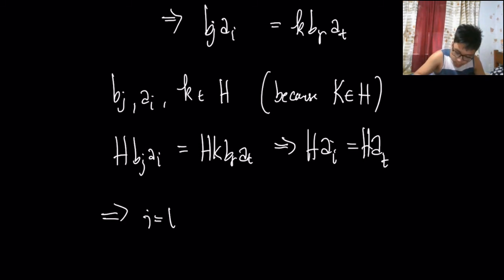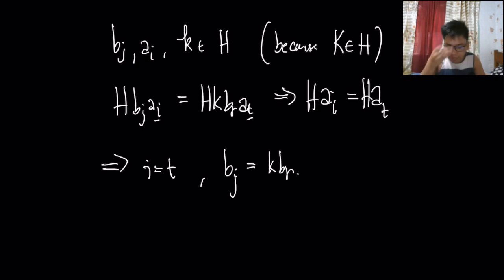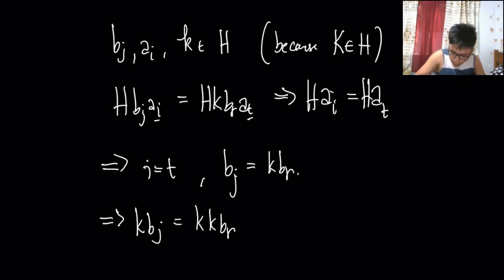What's the implication of this? This implies that i here is equal to t, and b_j is equal to k b_r. So K b_j is actually K k b_r.